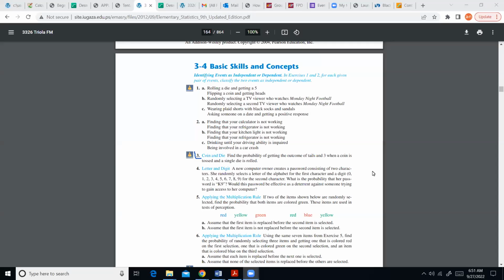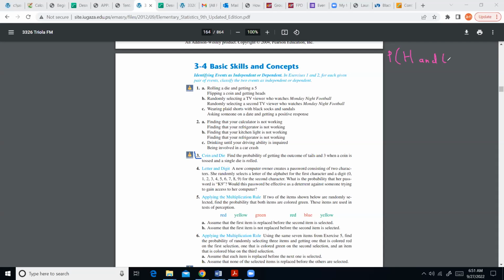I believe I made up a different question for you related to this. Let's say, the probability of head and 6, something like that.